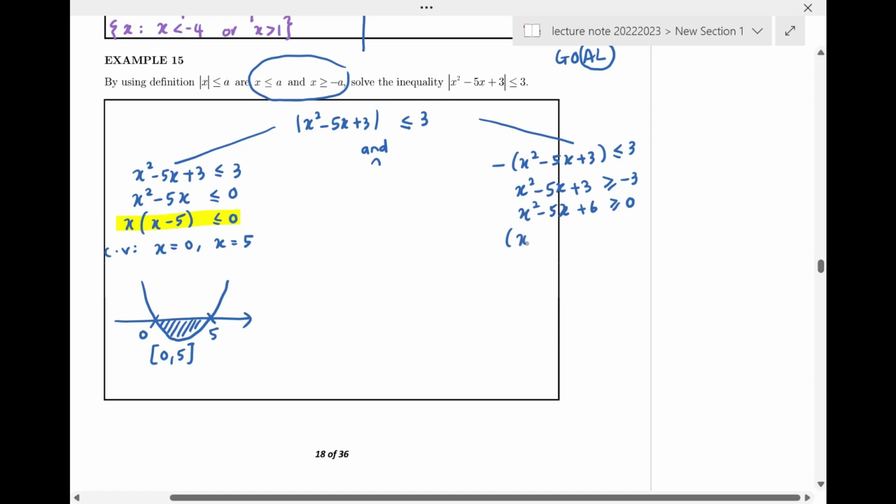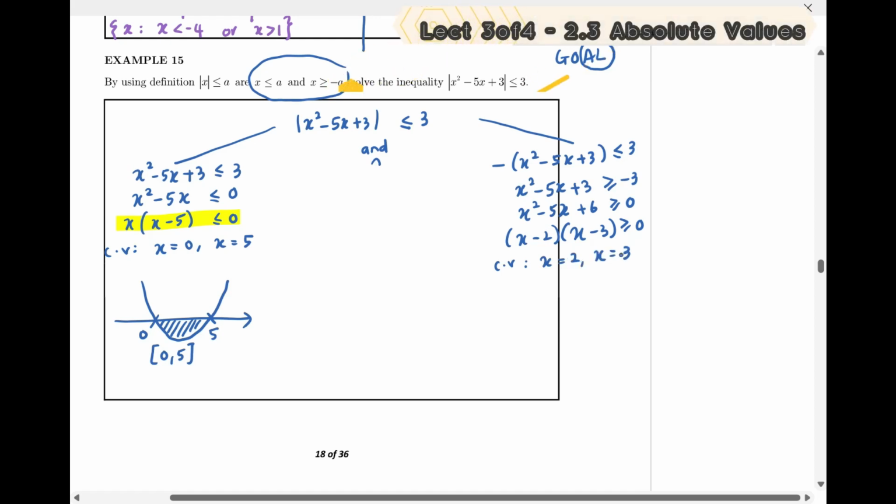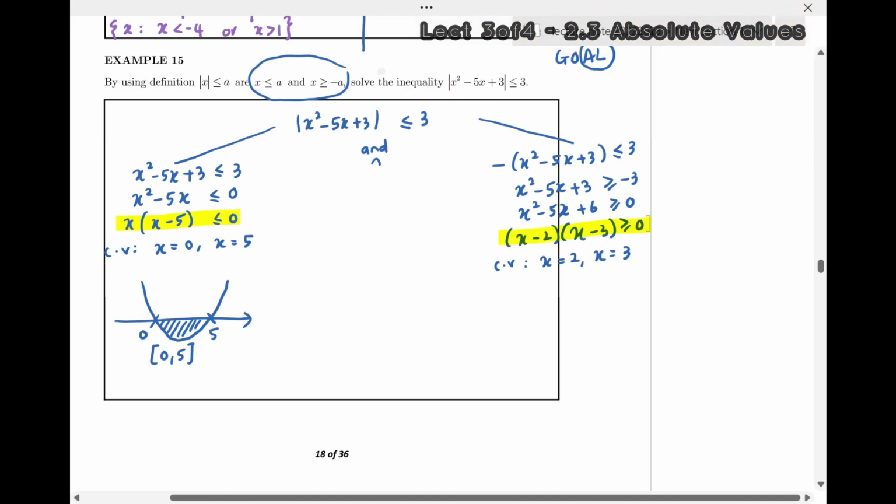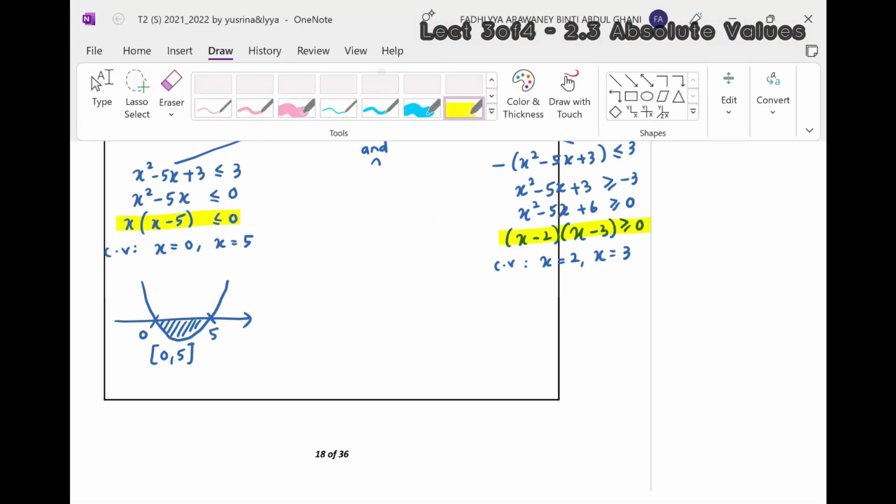We will have x minus 2 and x minus 3 greater than or equal to 0, where the critical values are x equals 2 and x equals 3. Okay, highlight the last one and then sketch the graph.